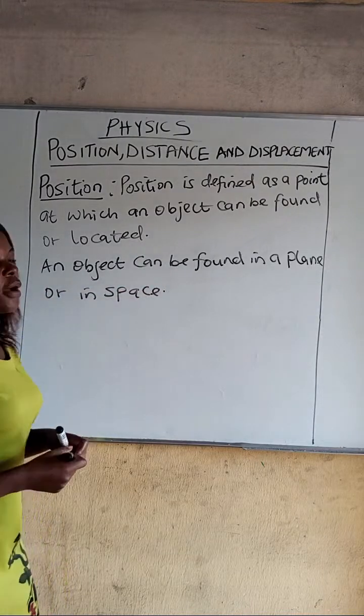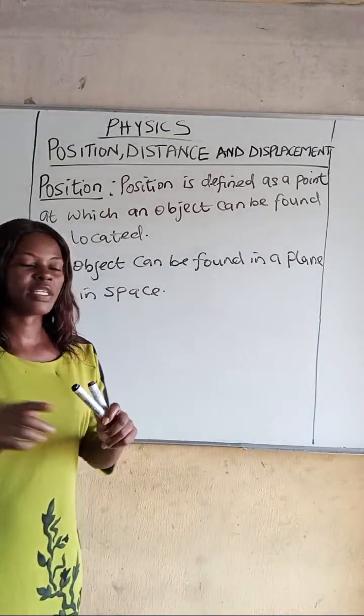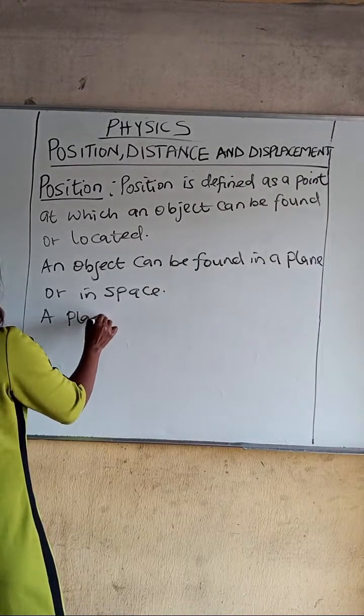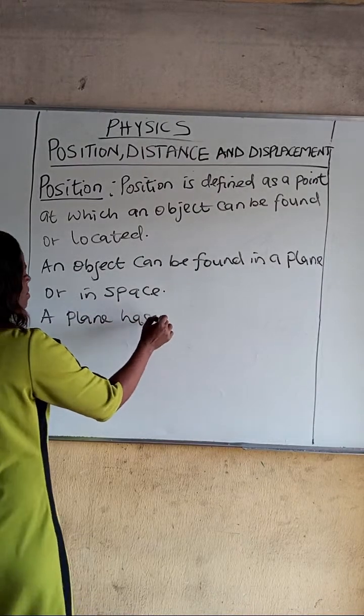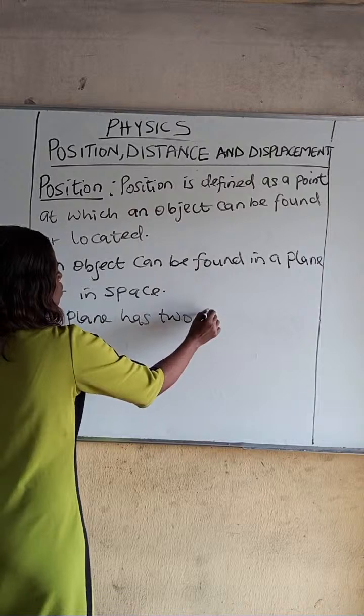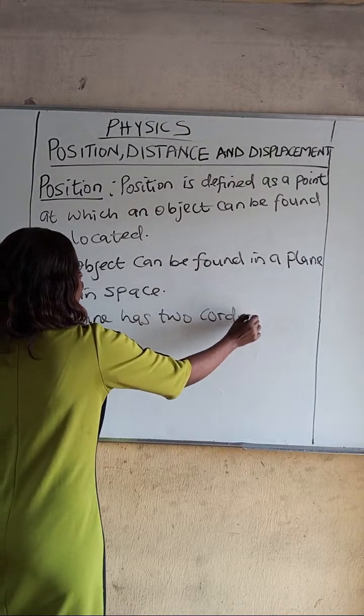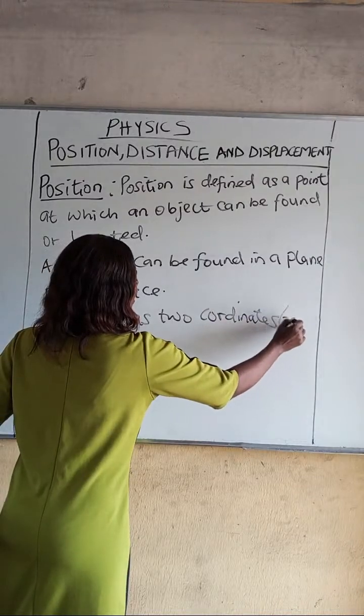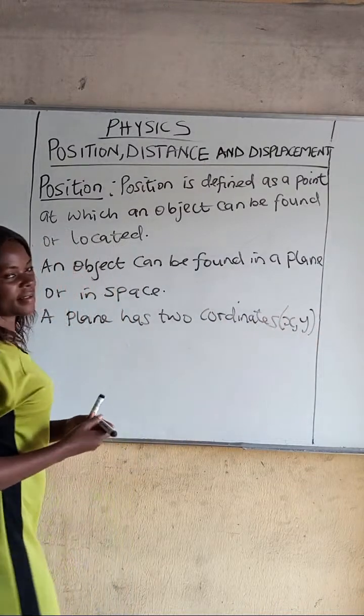Okay? A plane has two coordinates, that is x and y, right?